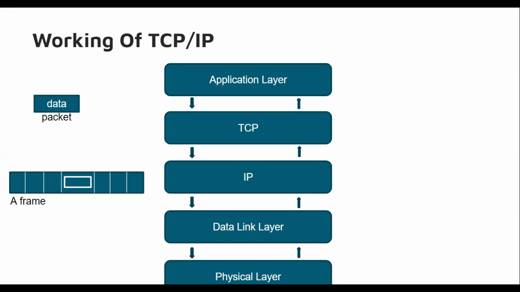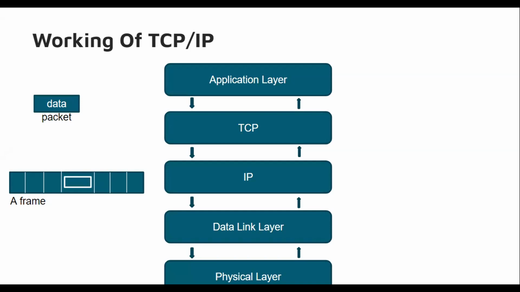Now, why are we going with text and TCP/IP? Text has to be arranged in a stream of bits. For example, you have a paragraph of 10 lines. It won't work if I pass the first line, then the 10th line, and then the second line. It has to be one by one, in order.